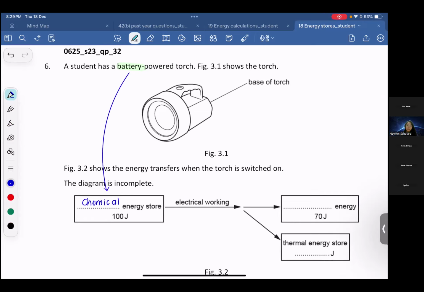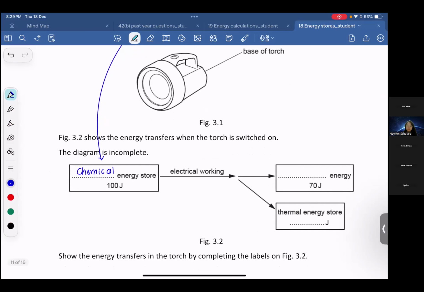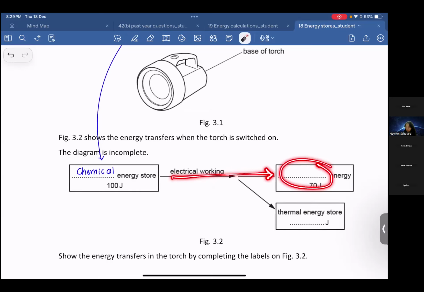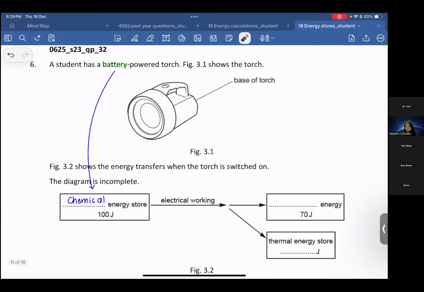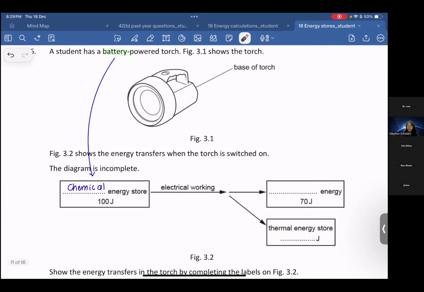So the battery here will convert to what energy? Going straight, this is the useful energy. Here, thermal. Torch, do you want thermal? You want the heat? No, so thermal is actually our wasted energy. So what is our useful energy here? Zihua says light energy.